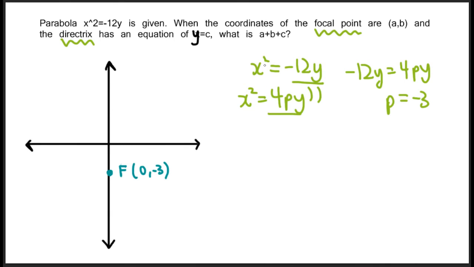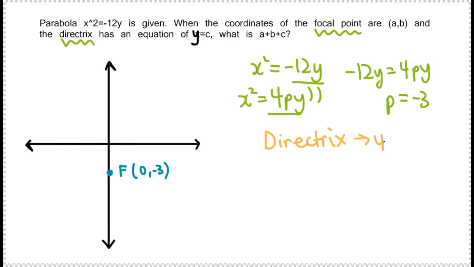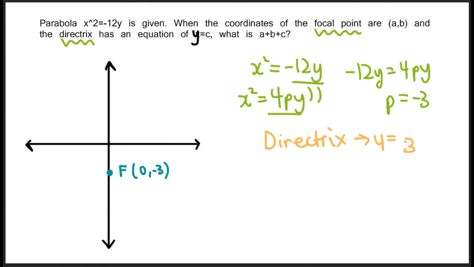It's not y squared. And since we know p, we can also infer that the directrix is y equals 3, because the directrix is always y equals minus p.